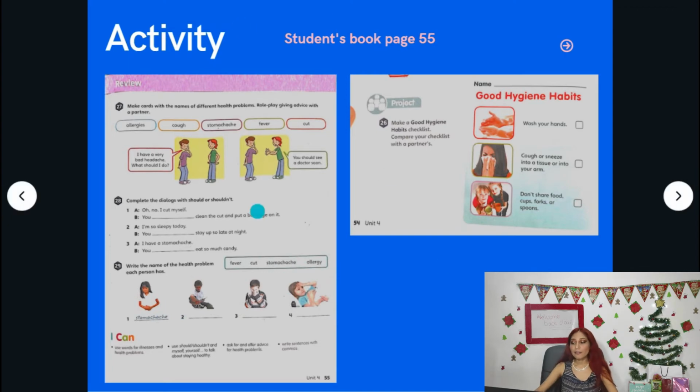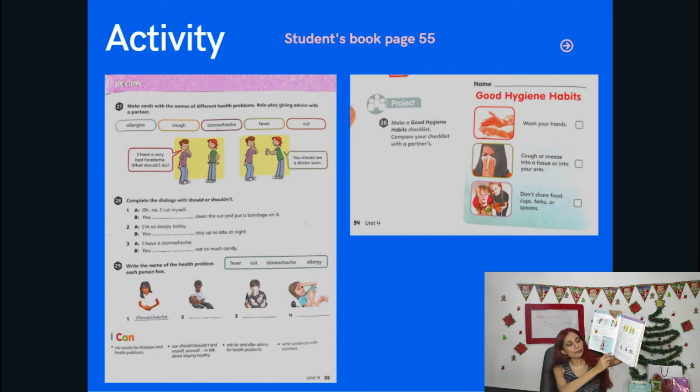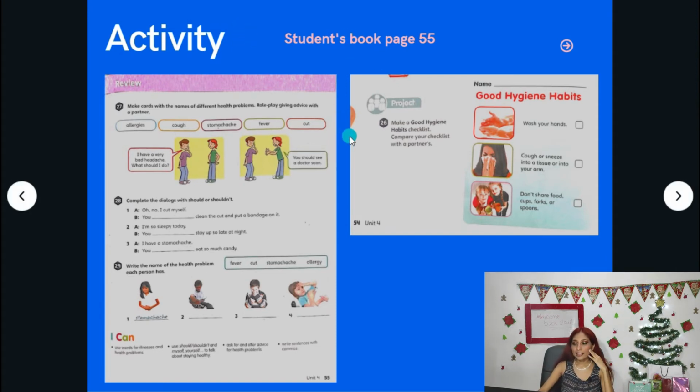So now we have the project, and it was on page 54. Okay, I have my book, pages 54 and 55. This is the one that we already did. The project is really easy. It says 26, make a good hygiene habits checklist.